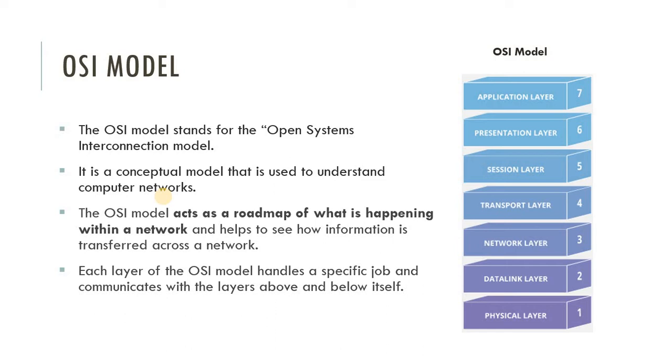You have to learn the OSI model to understand core networking. If you learn the OSI model properly, then you will be able to understand the whole computer network. So this is the reference model of any networking system. We can say that the OSI model acts as a roadmap of what is happening within the network, and it helps show how information is transferred across the network.